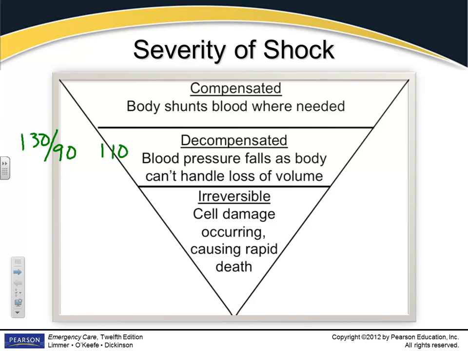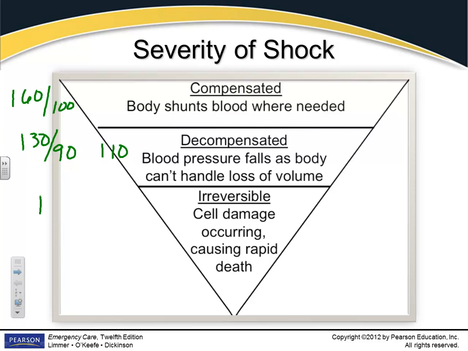Is that good or bad? Yeah, we don't really know. Unless we started out, say, at 160 over 100, and now we're here. Either he's getting better or he's getting worse, right?